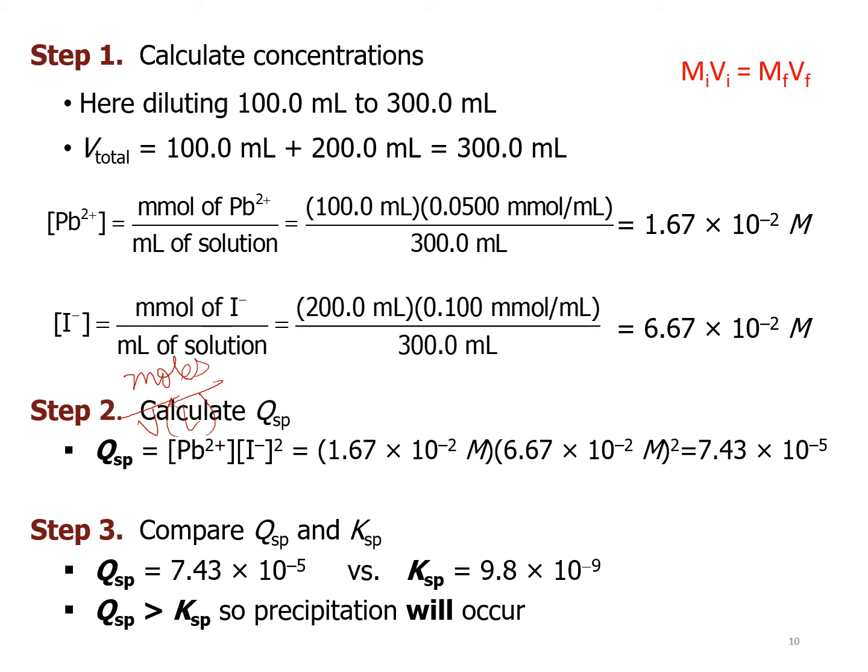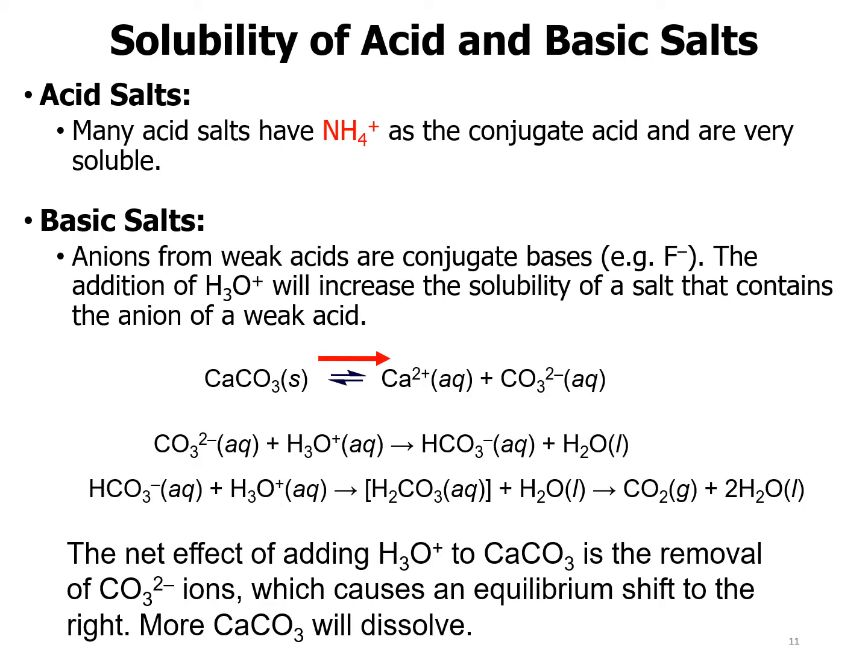Now finally I'll move on to a very easy concept, which is again based on Le Chatelier's principle. Up until now we were talking about a few salts. Now let's talk about the solubility of some acidic and basic salts.